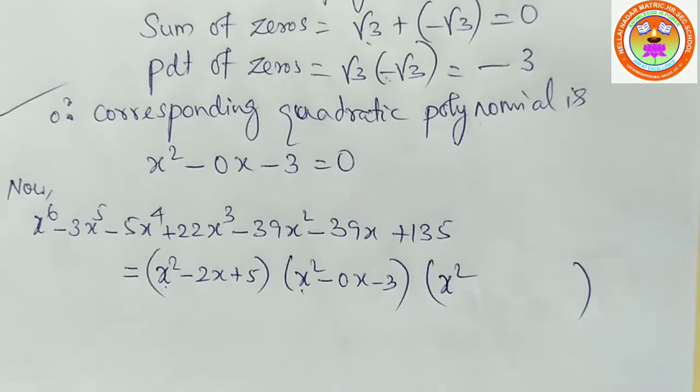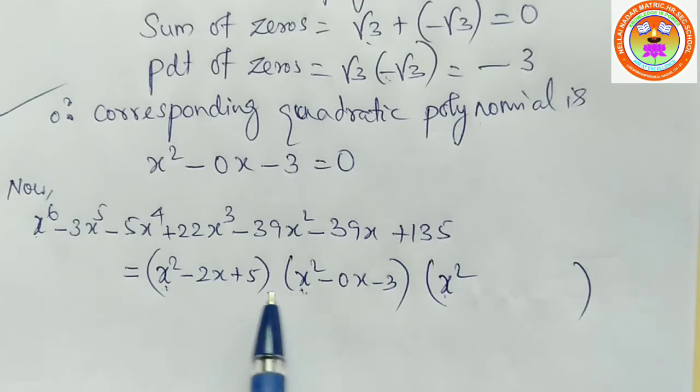See, when we multiply the first terms, x square into x square, x raised to 4, x raised to 4 into x square, x raised to 6. So when we multiply the first terms, we will get the first term.